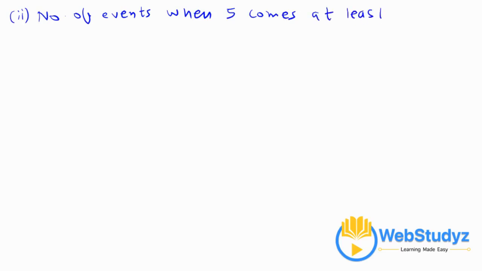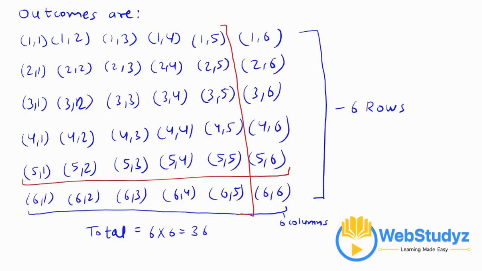So for second, we can write the number of events when 5 comes at least once. So let's count how many events like this.